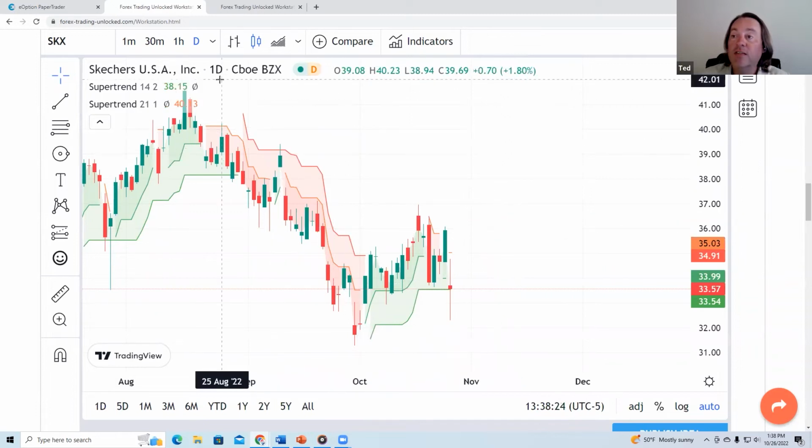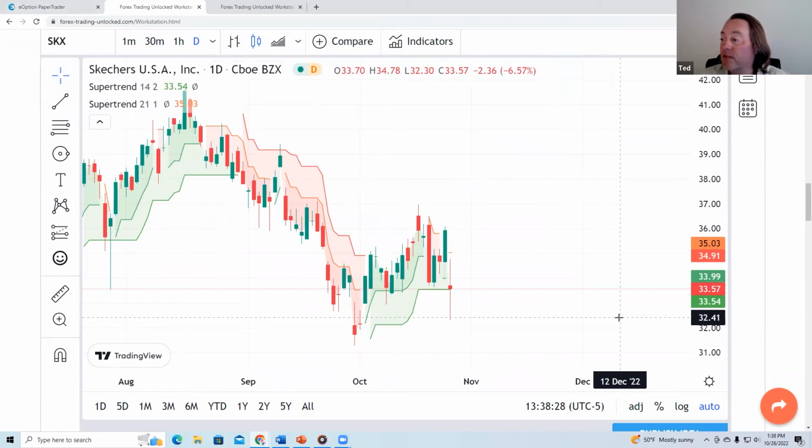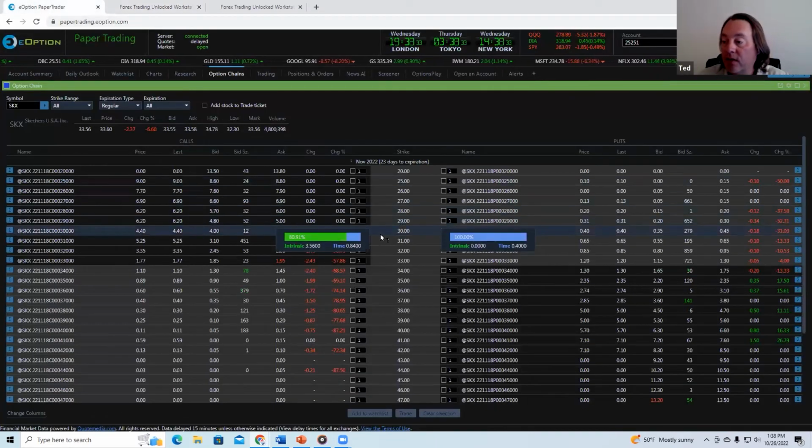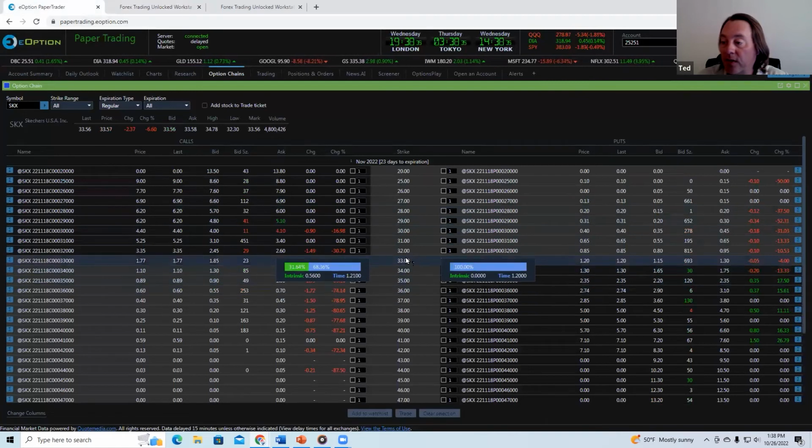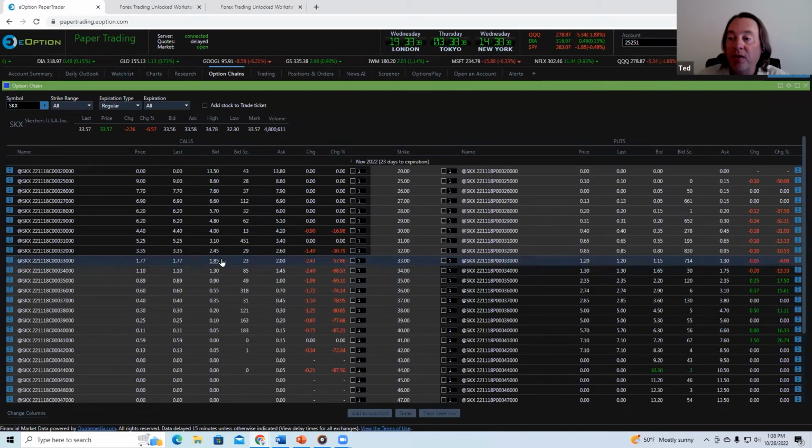So let's take a look at this SKX. We've got the market at 33.50. So let's see if there's a 33.50 or a 33 even. 33, here we go. All right, we found 33. We have a bid of 185 and $2 on the call side, and on the put side we have 115 at 130.